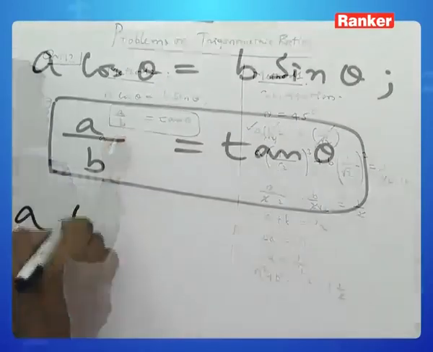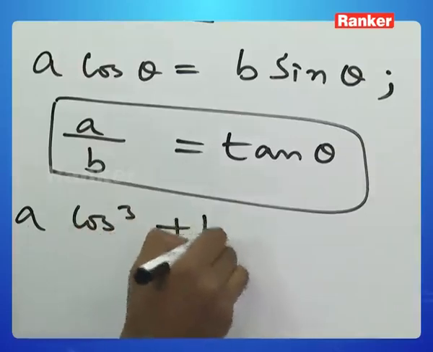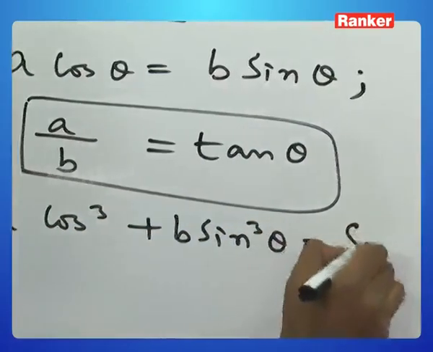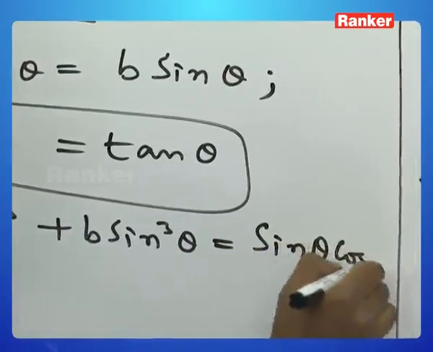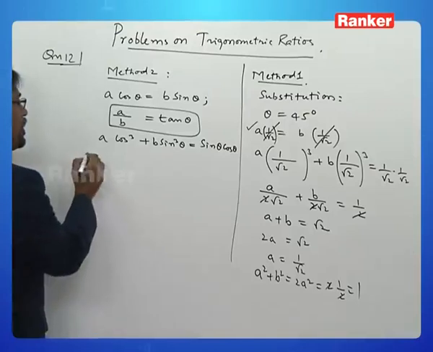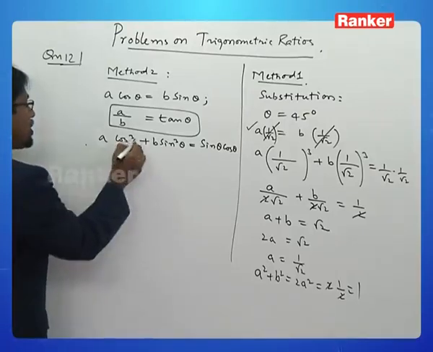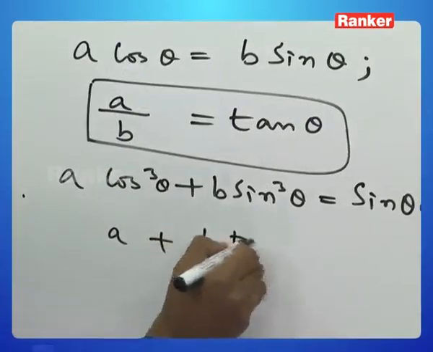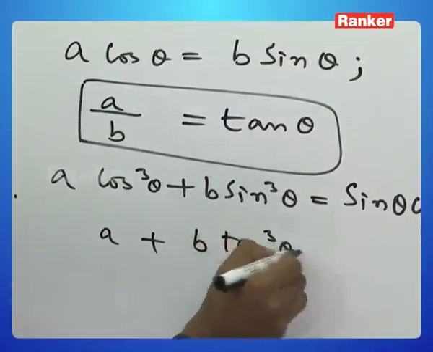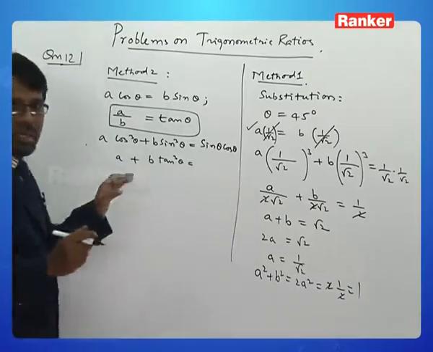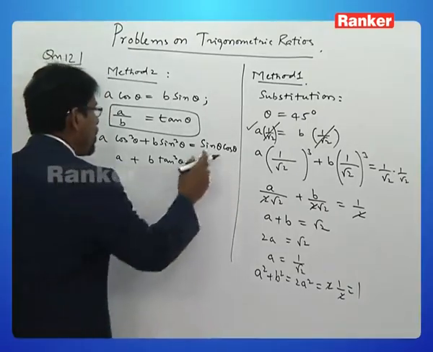Now this A cos cube theta plus B sin cube theta is equal to sin theta cos theta. Let us divide throughout by cos cube theta. So what do we get? Dividing by cos cube theta, we'll get A plus B tan cube theta is equal to sin theta cos theta divided by cos cube theta.